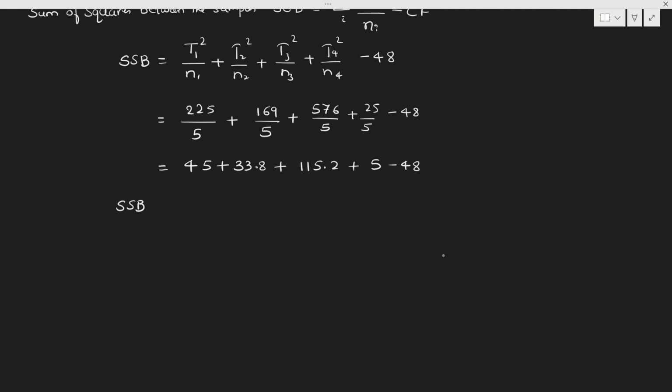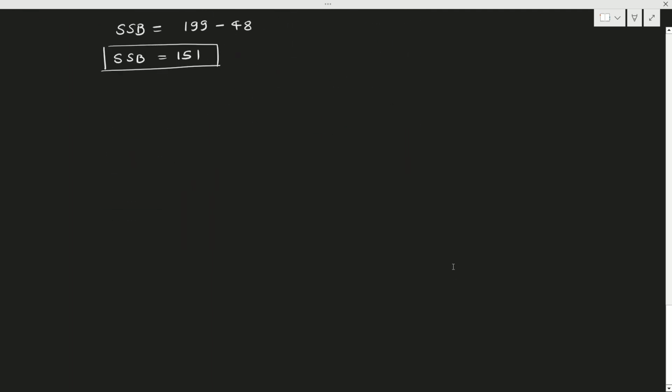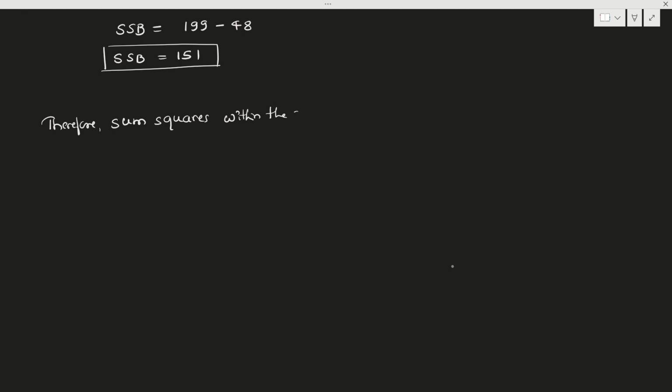Therefore, add and subtract, you will get 199 minus 48. So SSB is 151, the sum of squares between the samples. What is left now is the sum of squares within the samples.